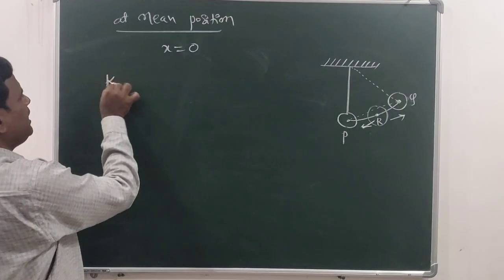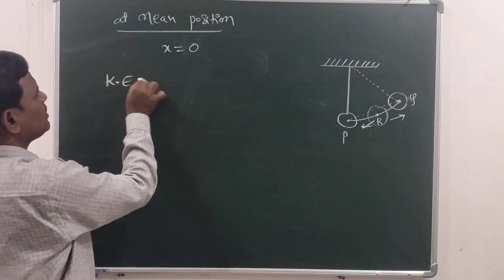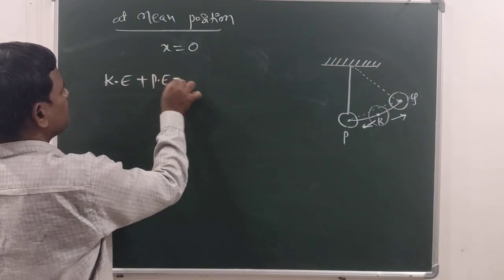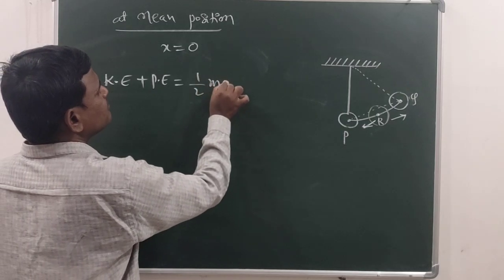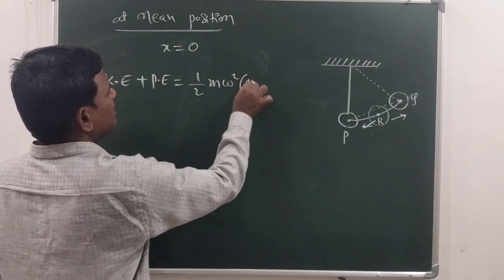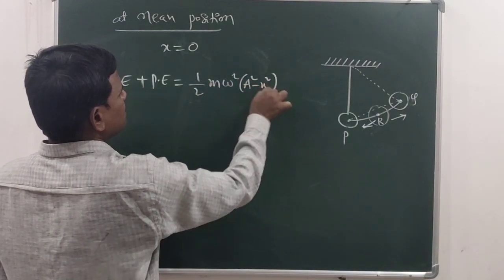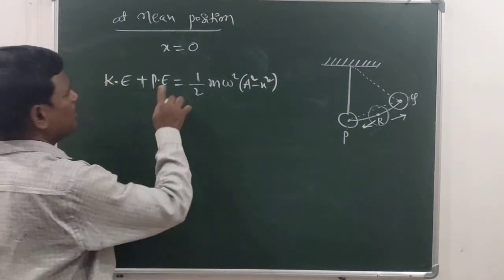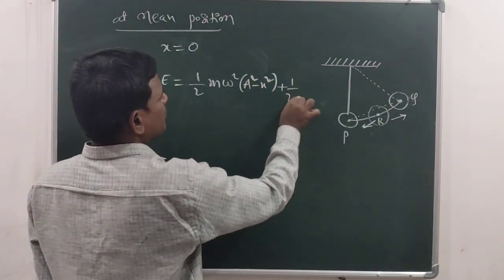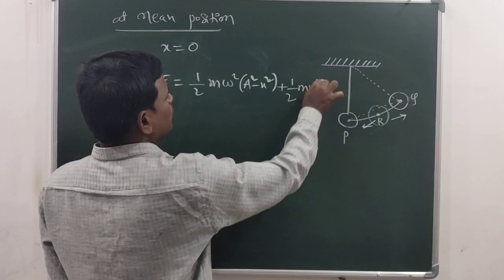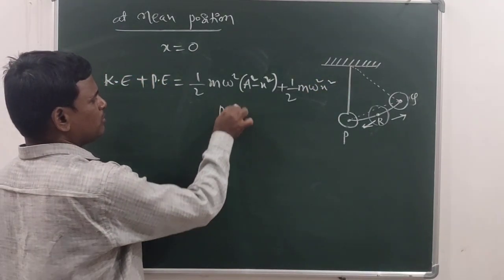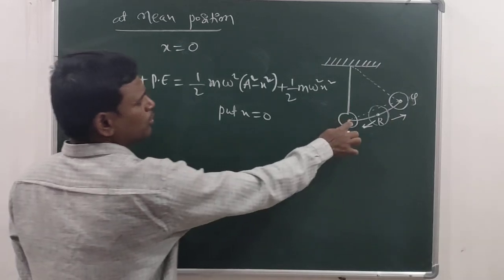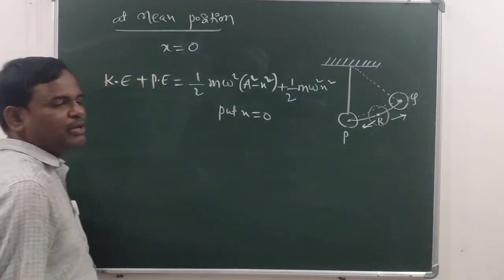Then what about KE plus PE? KE is 1 by 2 m omega square (a square minus x square), as we have discussed, plus PE, 1 by 2 m omega square x square. Now put x equal to 0 because there is no displacement at P, the mean position.